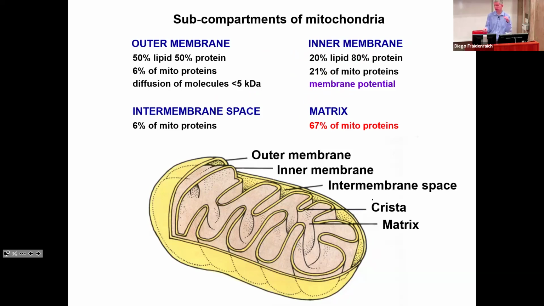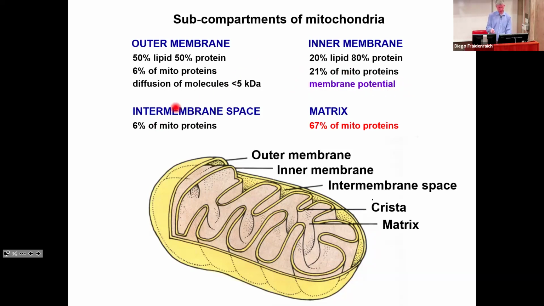So there is a difference in the charge when we look in the matrix versus the intermembrane space. I will come to this in a minute. Membrane potential is also important for energy production, when we talk about respiration, oxidative phosphorylation. So that's the important part.